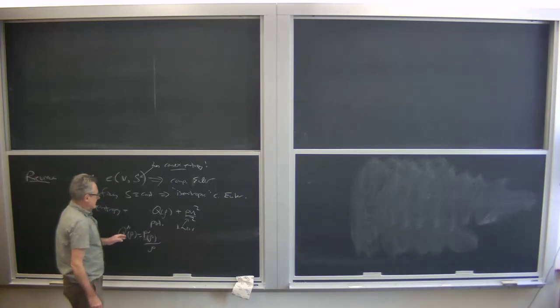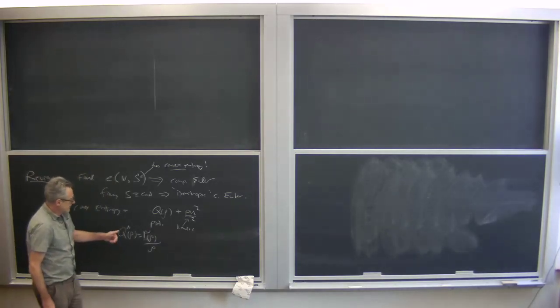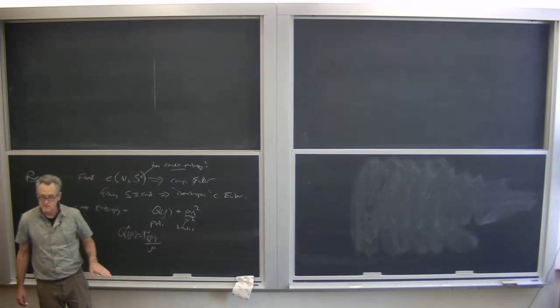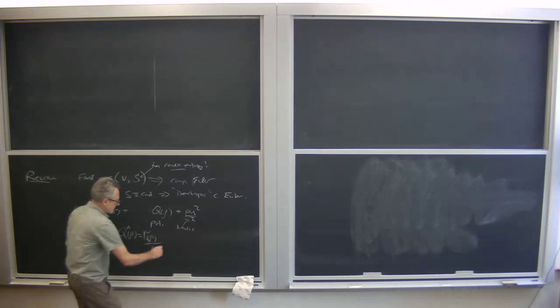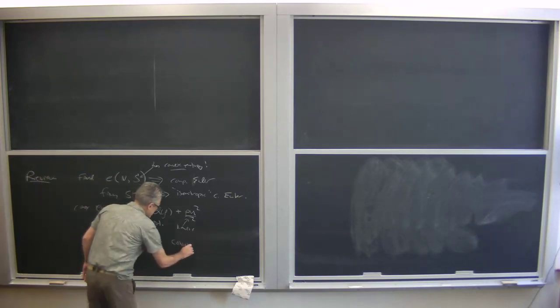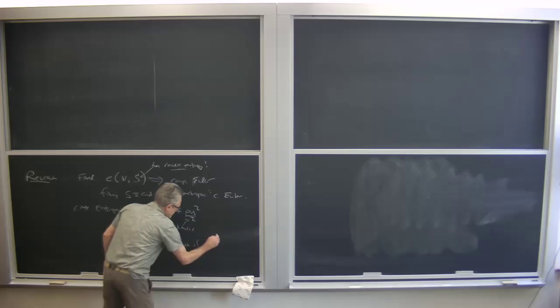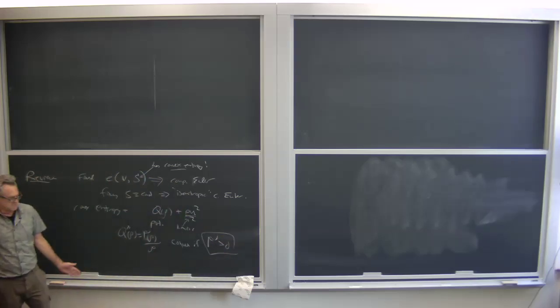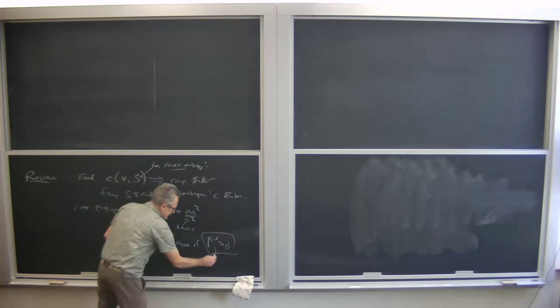And so for this to be convex, we need this to have a sign. That only requires that the first derivative of pressure have a sign. So it's convex if P prime is positive. That's a very minimal assumption. We need that for hyperbolicity.